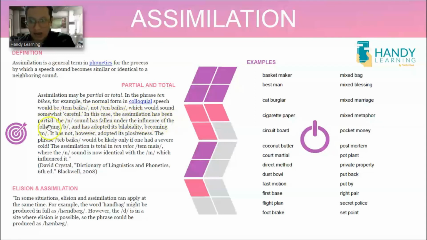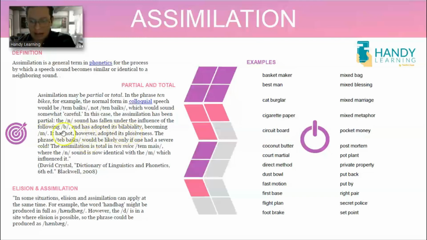In this case, the assimilation has been partial because the n sound for ten has fallen under the influence of the next sound, b, and it has adopted the bilabiality. Sorry, I cannot pronounce this word. But you know what it means, the point that we use both lips to create a sound.